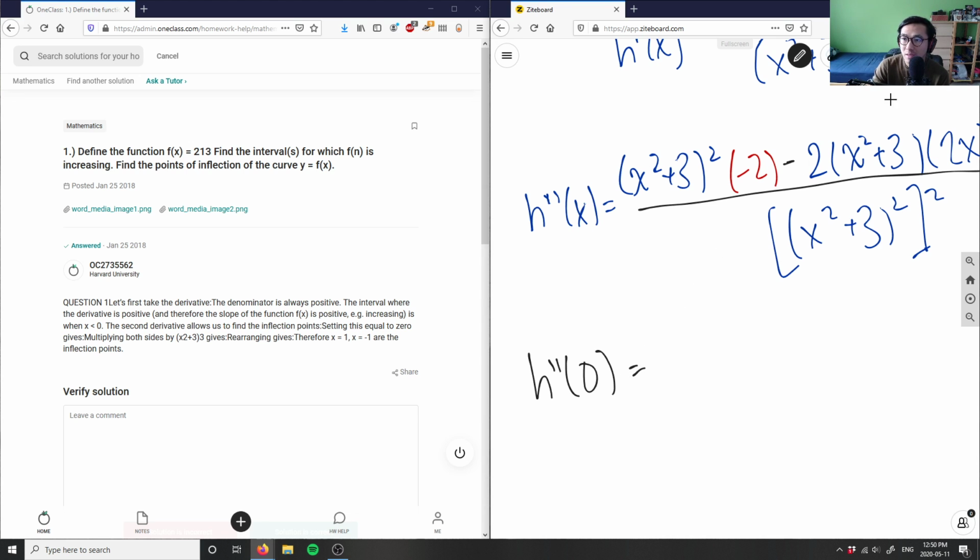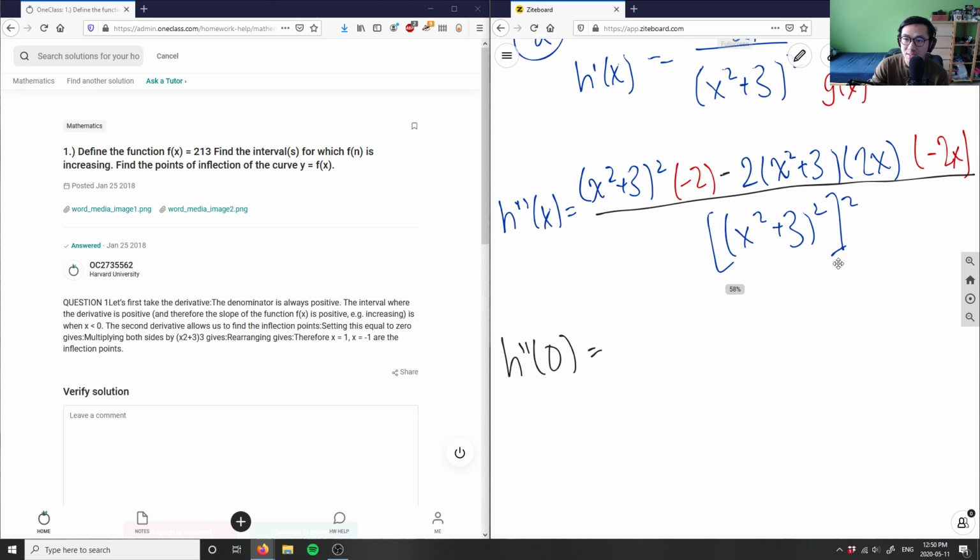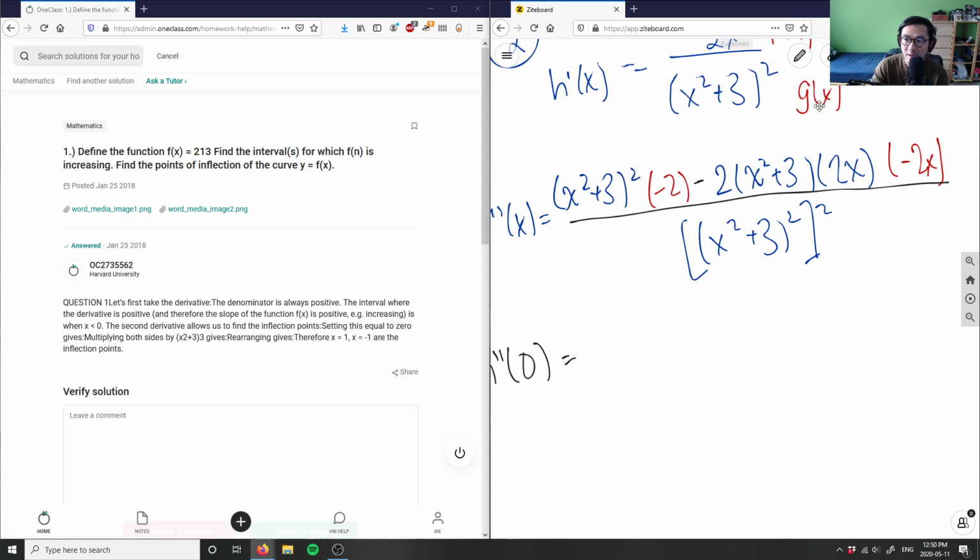As you can see, if I'm setting this to 0, the denominator can't be 0, so I basically care about this top part here. I'm going to simplify this top part and say that I have -2 times x squared plus 3 squared minus, and then -2 times 2x here is -4x.